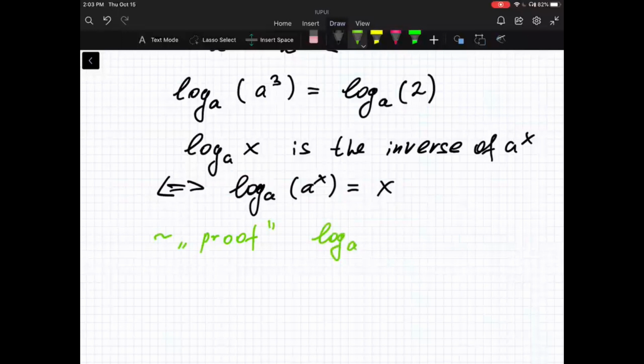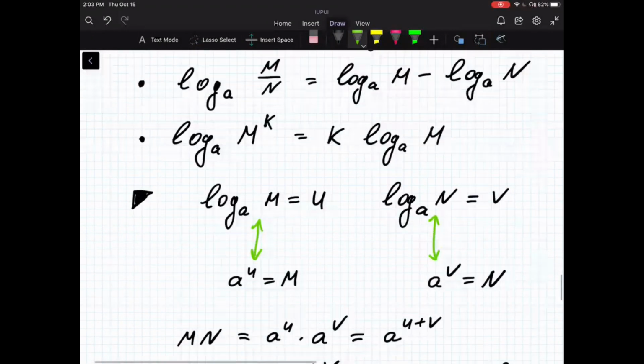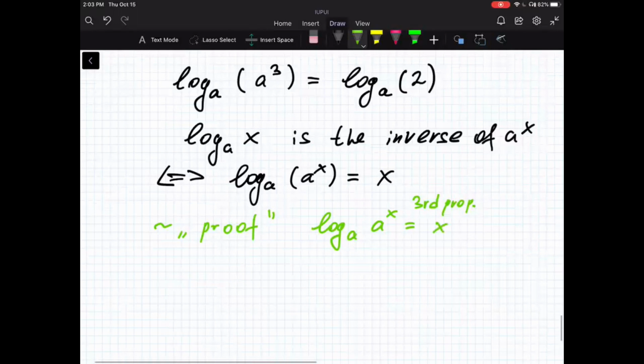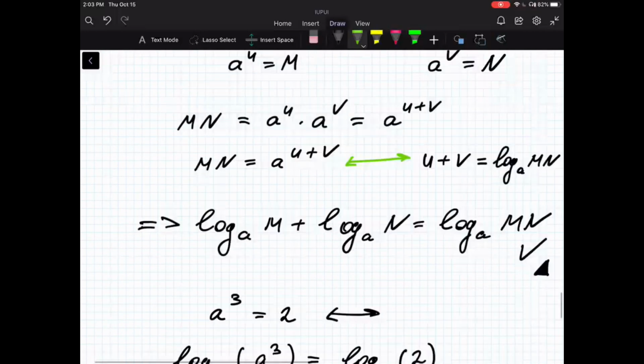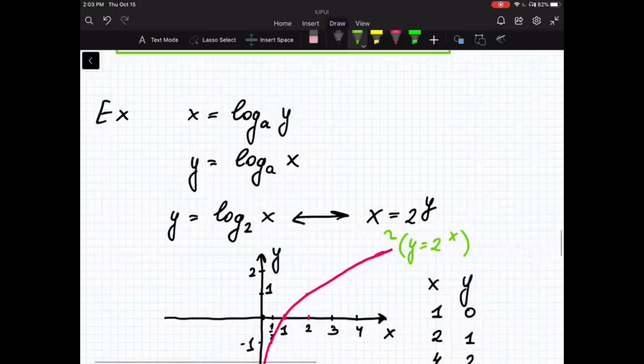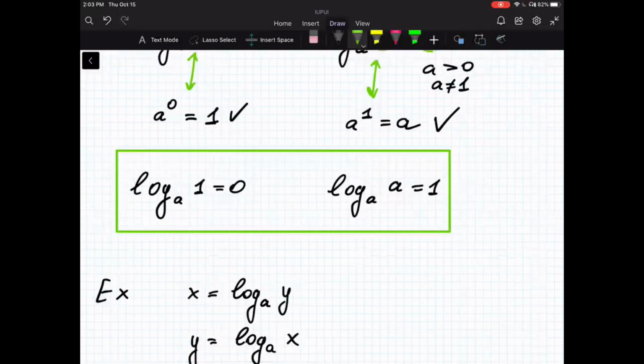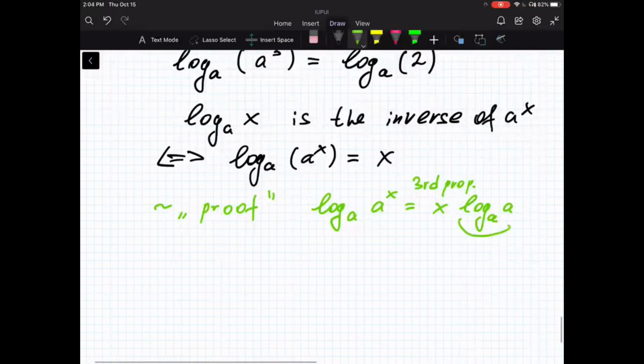The logarithm of a to the power x with base a, using the third property, right? I can put x in front of the logarithm. So it's x times the logarithm of a with base a. But we also proved that the logarithm of a with base a is equal to 1. So this is 1.